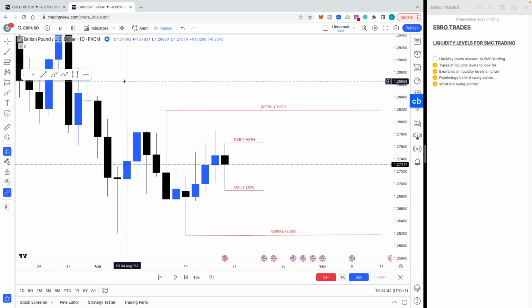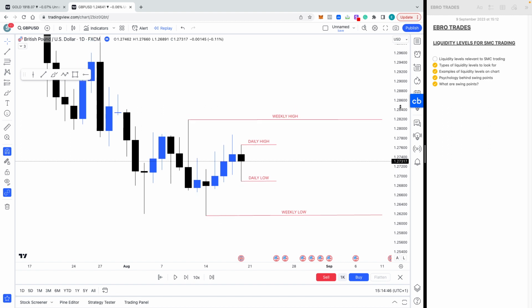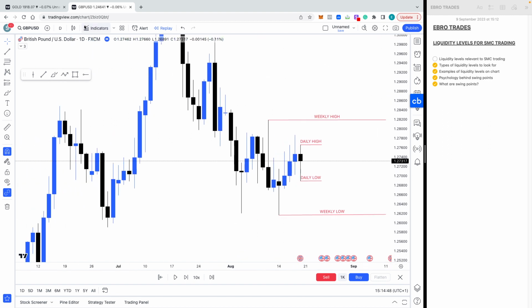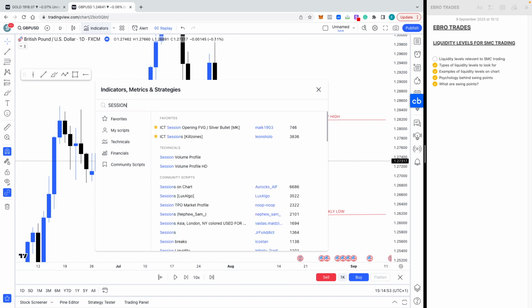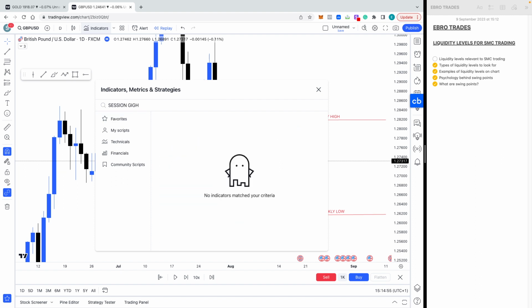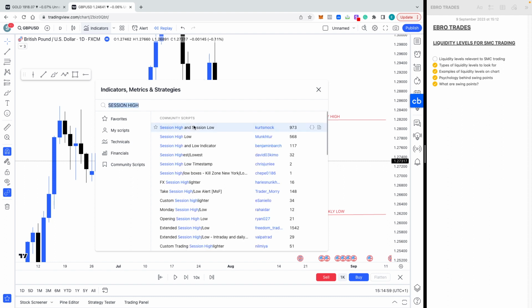And the final one will be your session high and your session low. So for that, there are actually indicators. So if you look here, session high and session low.